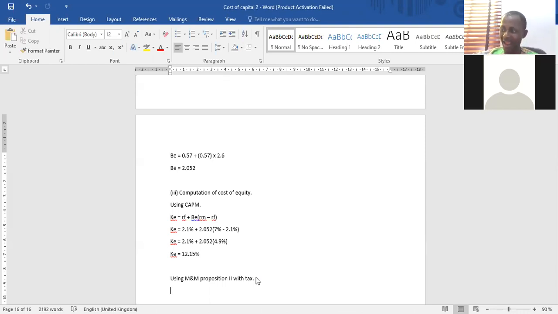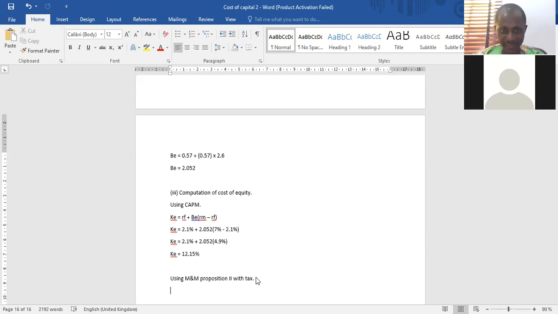Or if I have the cost of equity of the ungeared company, I can use it to compute the cost of equity of the geared company. That is what MM proposition is saying. We are going to know the detail when we start capital structure theory.